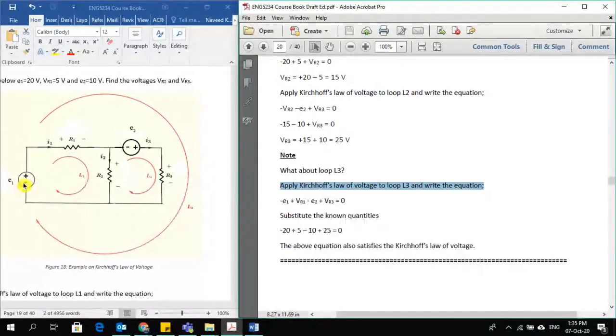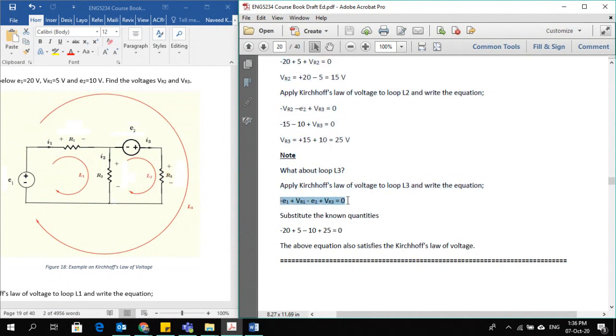The first voltage is minus E1, it is here. Second voltage on this, plus VR1, is written here. Moving along, I saw a negative sign first, so I will write minus E2. Then moving along on this VR3, I saw plus polarity first, so I will write plus VR3.